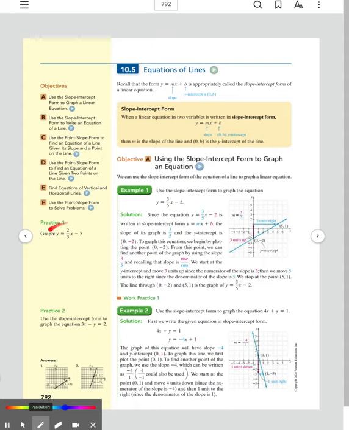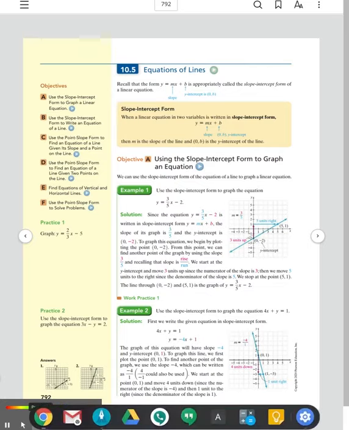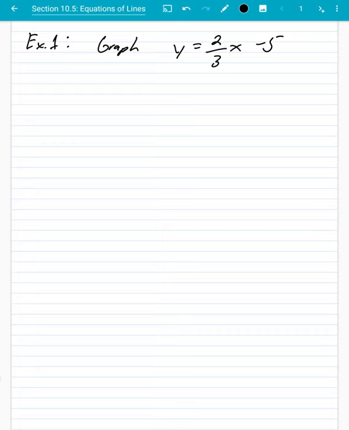So I'm going to demonstrate this one right here on paper. We're going to do this one by paper. Let's go over to my other app. This is example 1. Graph y equals 2/3x minus 5.